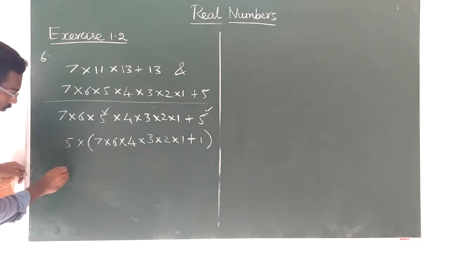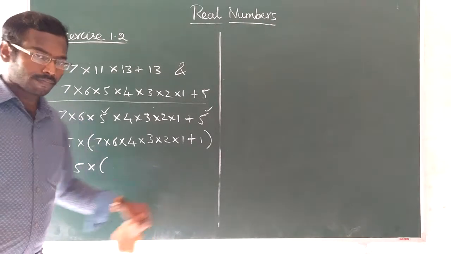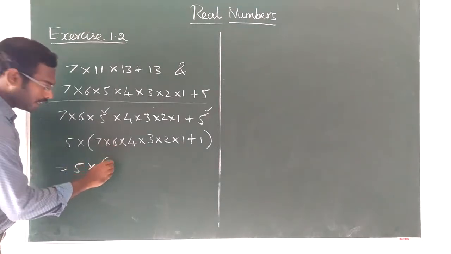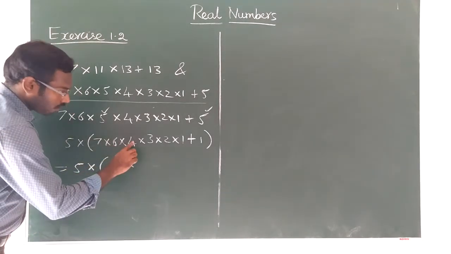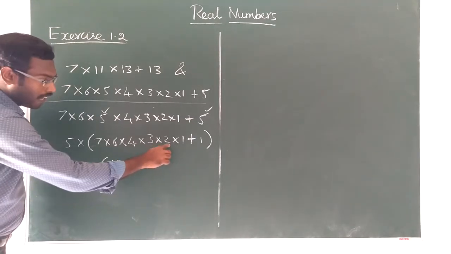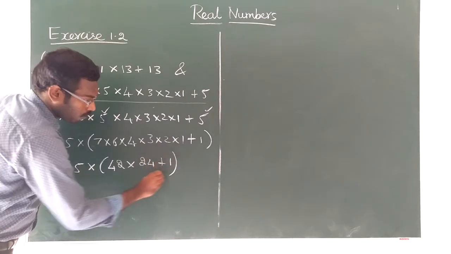So that is equal to 5 into, we have to multiply this. 7 6s are 42. 4 3s are 12. 12 2s are 24, plus 1.